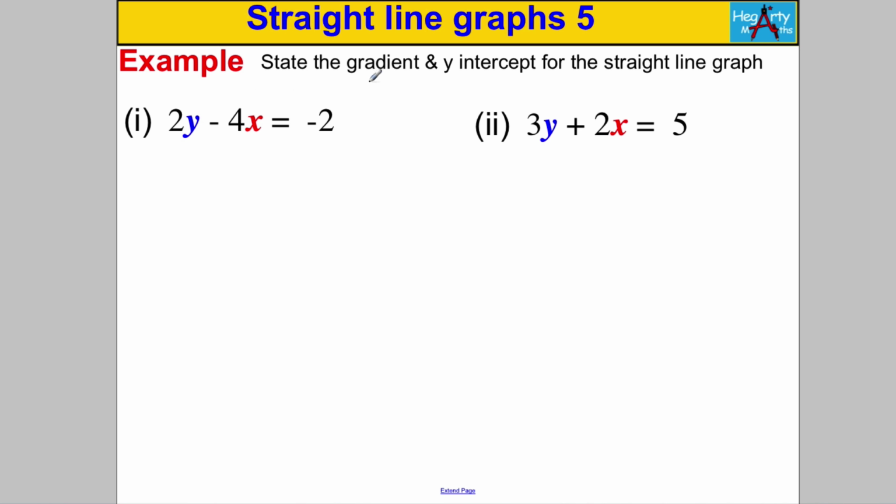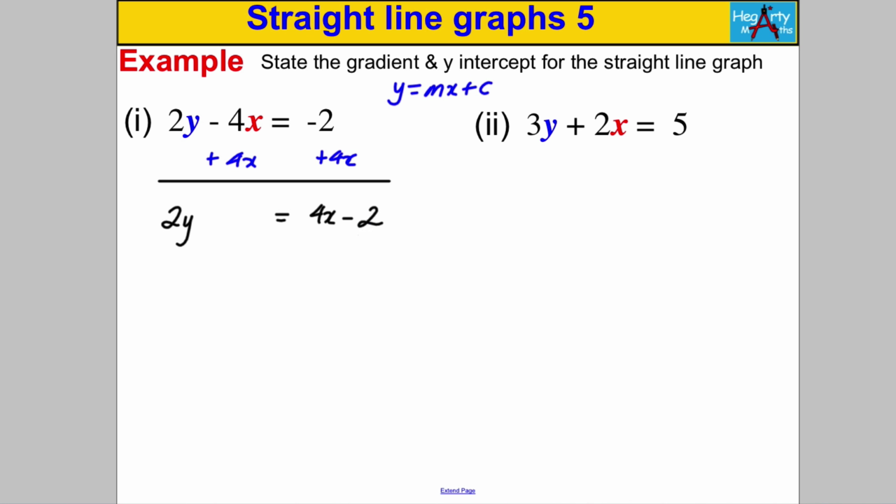Okay, I need them in the form, remember, y equals mx plus c, y on its own. So we've got take away 4x here. Let's add 4x to both sides to remove that first of all. Now what would we be left with on the left hand side? Well, we've actually got 2y, not just y, be careful. And here we would therefore have 4x take away 2.